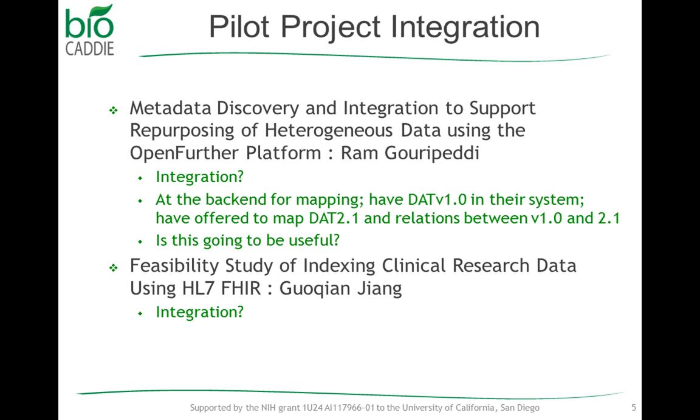So if we are going to map everything into their OpenFurther platform, and there are changes in the model, then it would be sufficient to just map to the updated model, and you would have automatic mappings for all the prior repositories.